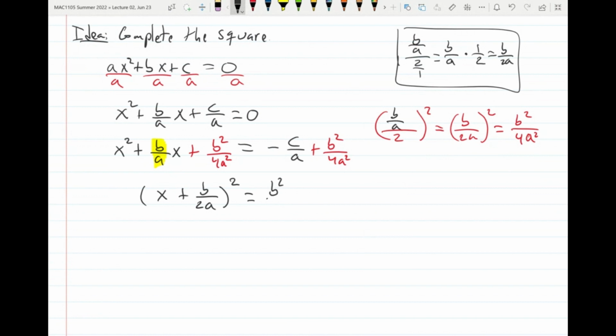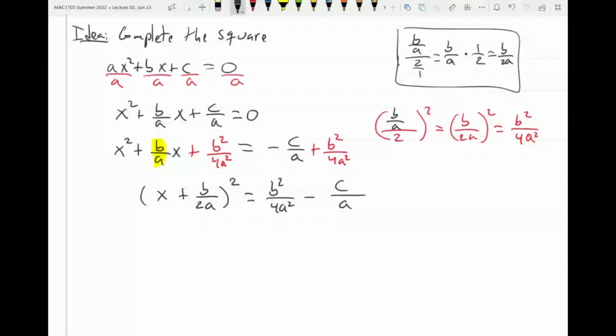Let me rewrite it like this: minus c over a. Now, we talked about last time how to find these common denominators when we have variables. So what's the LCD here?